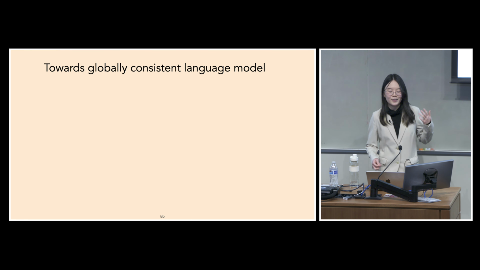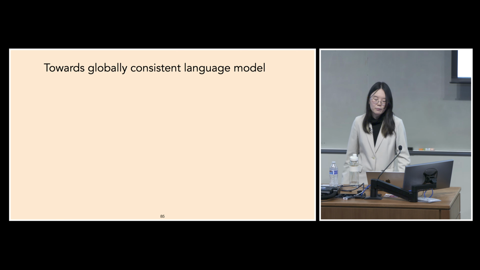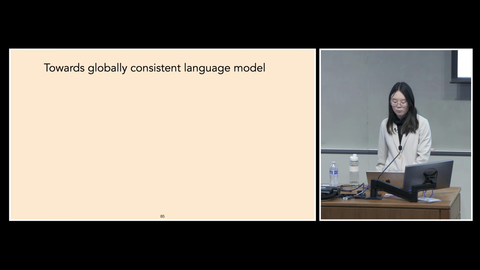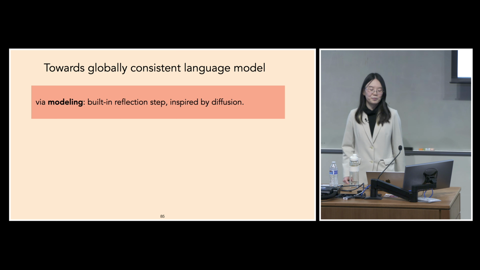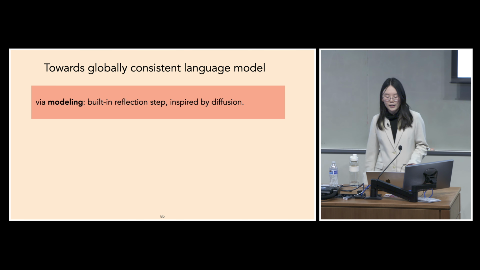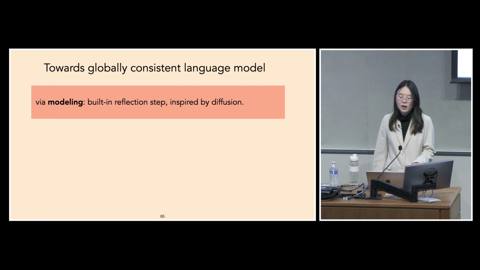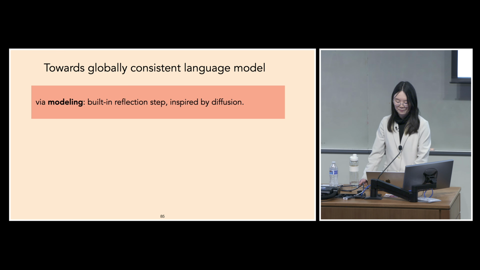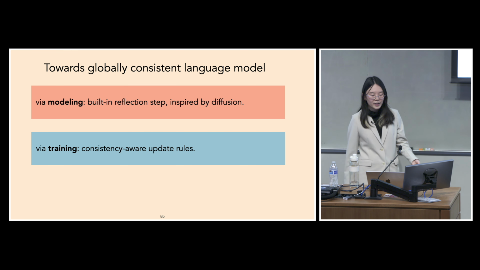And because of this close connection we made between consistency and control, my prior work has set up a good foundation to address these consistency problems. So I will list some directions that we could consider. For example, we could consider hardwiring consistency into the language model architecture by designing models with built-in reflection steps, similar to the built-in iterative refinements of diffusion models. Also, we can encourage consistency during training.